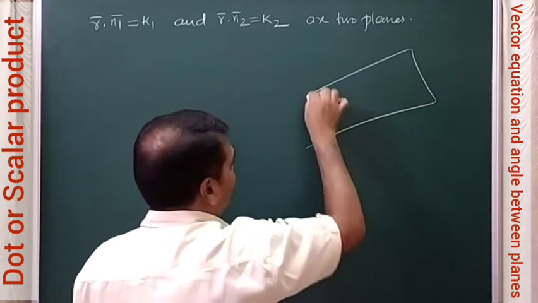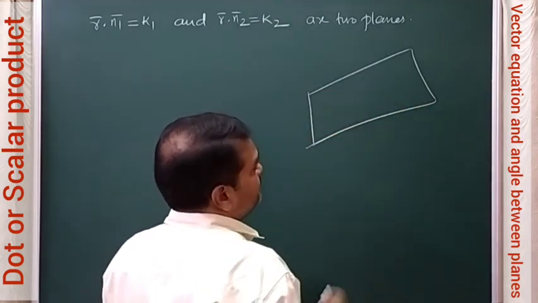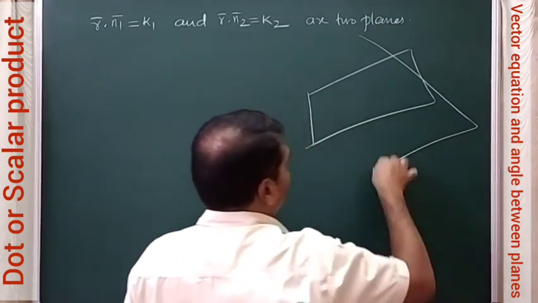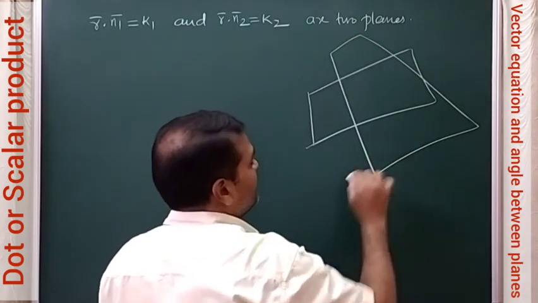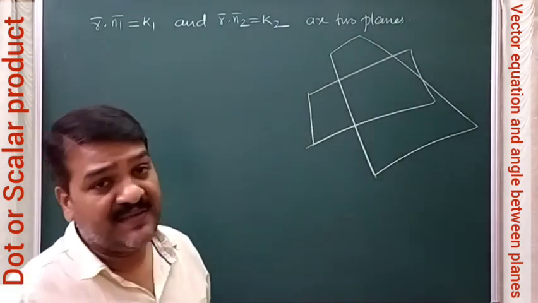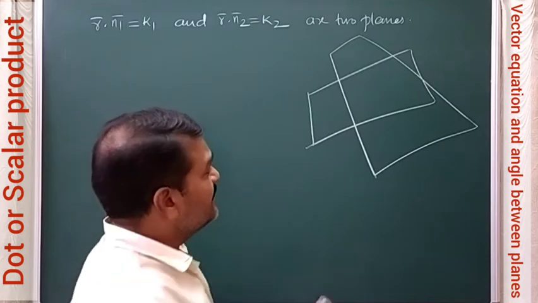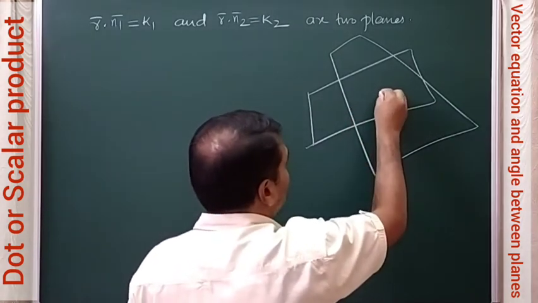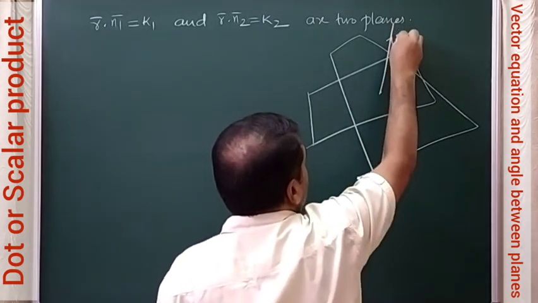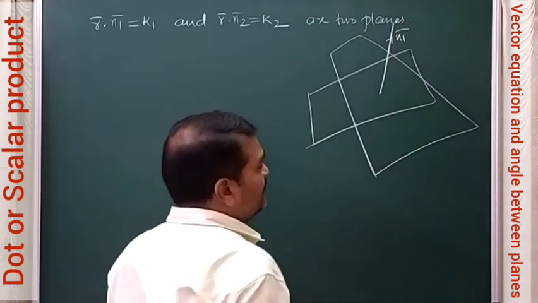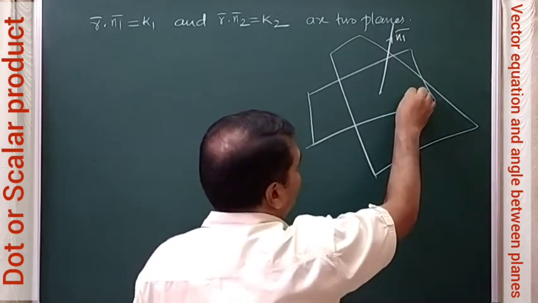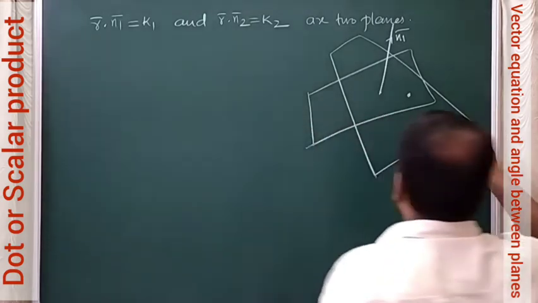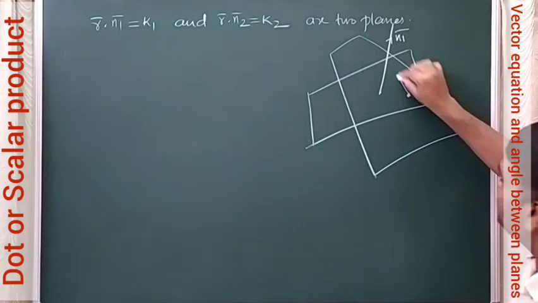For example, if you have one plane like this and you have another plane like this, you want the angle between the planes, then you have to take the normal of first plane. You have to take the normal of second plane. For example, normal of second plane is taken like this.